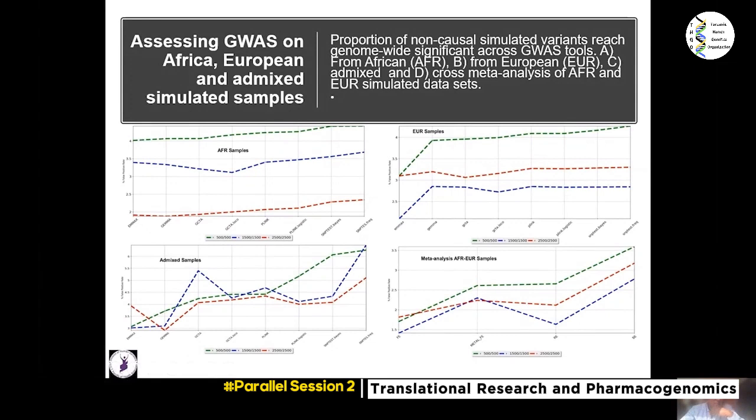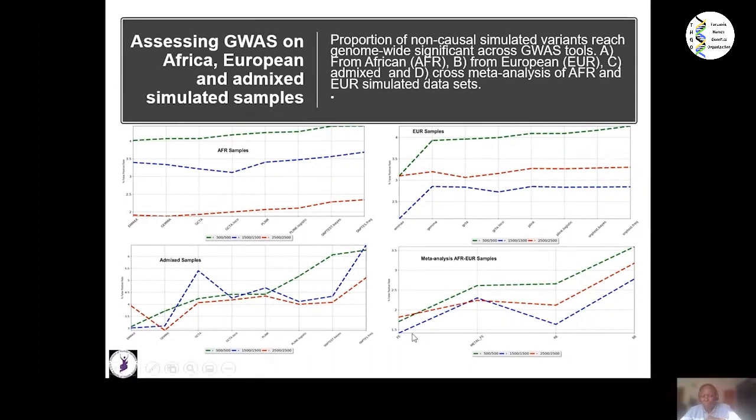Our observation is that if the effect exists in both European and African populations, the appropriate approach to use is fixed effects, which has a low rate of false positives.